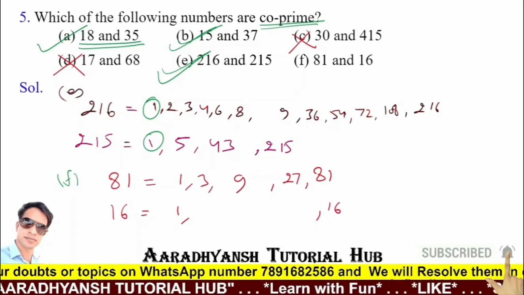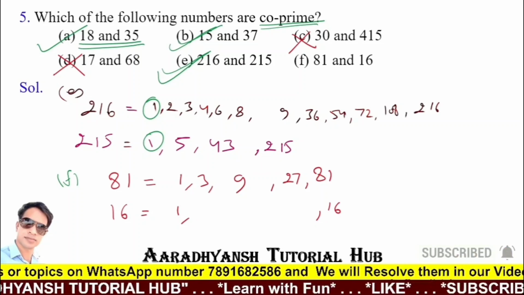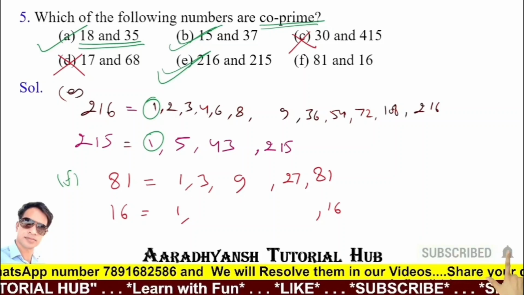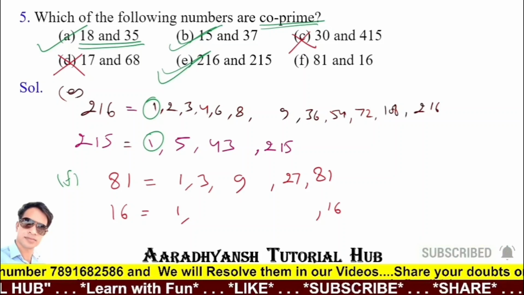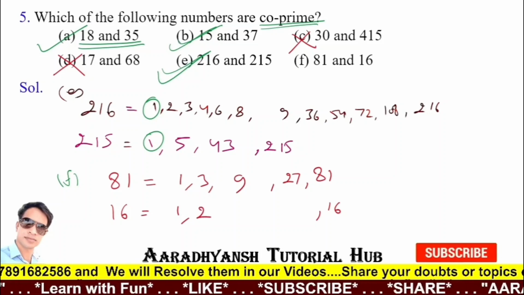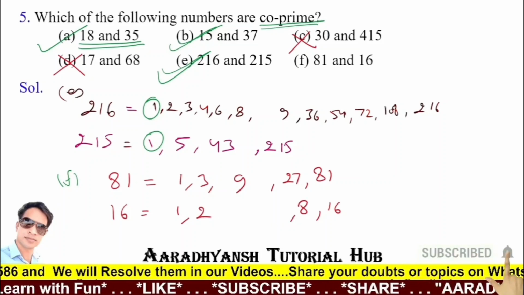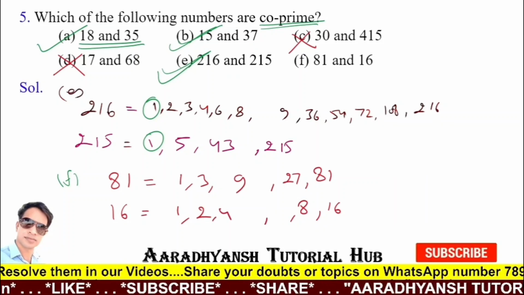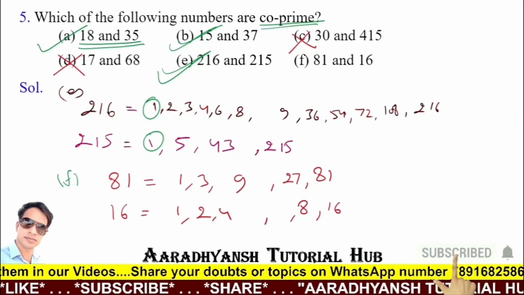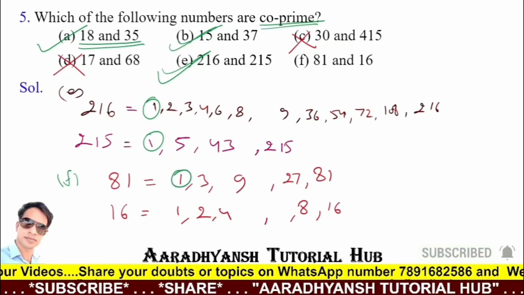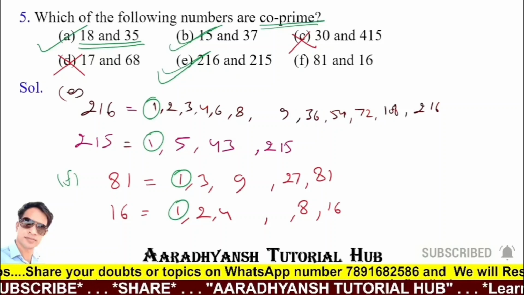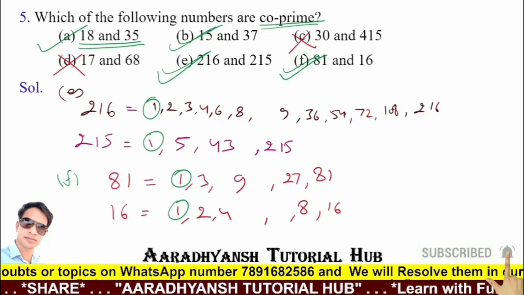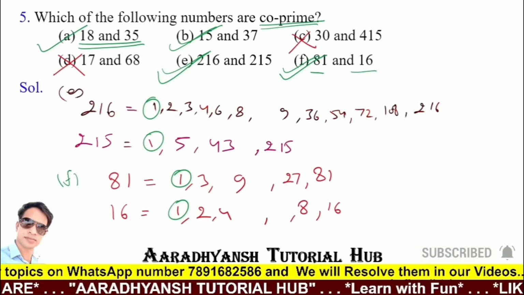Here 81 is an odd number and 16 is an even number, so there is no chance of a common factor besides 1, but we can find factors of these numbers. So these are factors of 81 and 16, and you can easily find that there is only one common between them. We can say F is also co-prime. 81 and 16 are co-prime numbers. Okay.